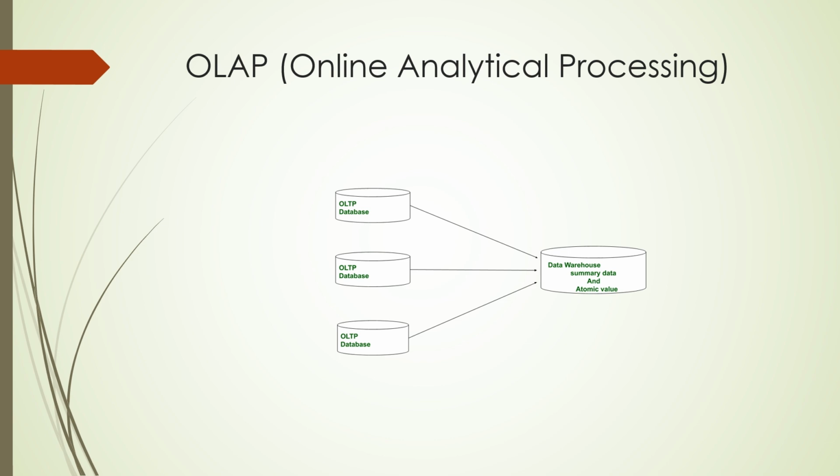So then about online analytical processing, this OLAP is a classification of software technology which authorizes analysts, managers, and executives to gain insight into information through fast, consistent, interactive access to a wide variety of possible views of data.